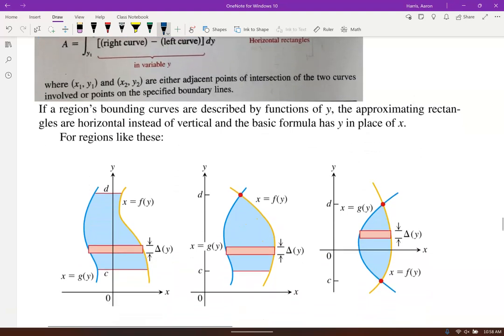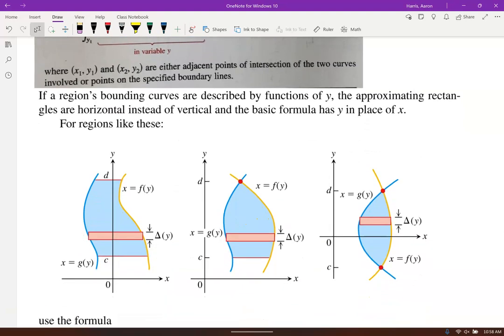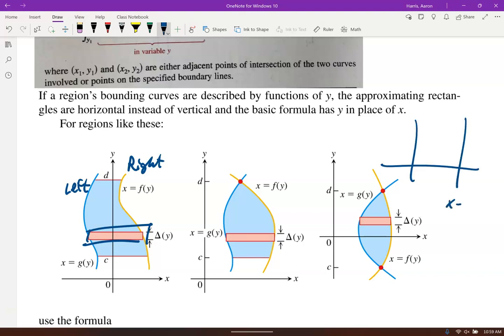Now we're going to do right minus left in terms of y. So see how the rectangles are now, that's a very bad rectangle, horizontal, right? So like, for example, if you had like x being 5 and over here is like x being 2 and you're going from, I don't know, 1 up to 5 or something, right? 5 minus 1 gives you the height of the rectangle.